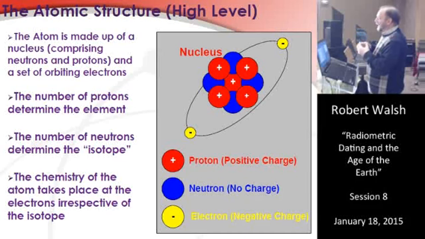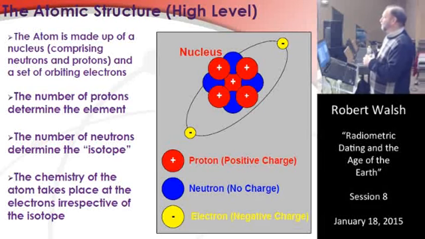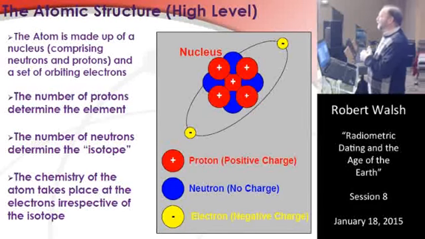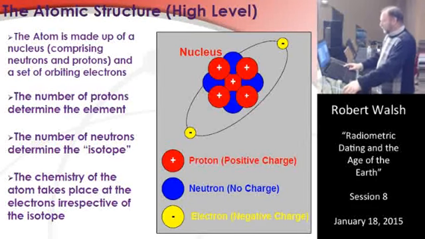The nucleus has surrounding electrons, and the protons are positively charged, and the electrons are negatively charged. Now, this is called the classical view of the atom. If we were looking at this from a quantum perspective, we would have a different way of describing things. But this is the classical view of the atom, and that's essentially what we're going to use for this session tonight.